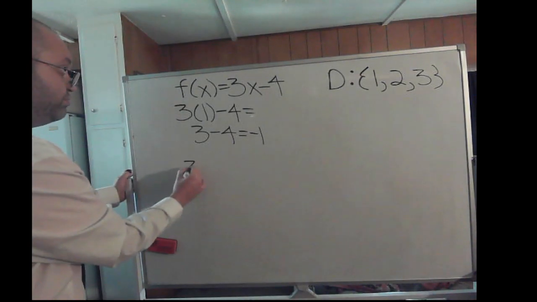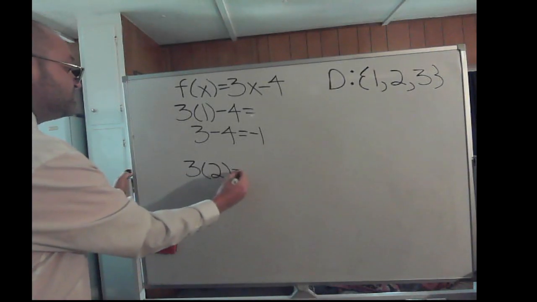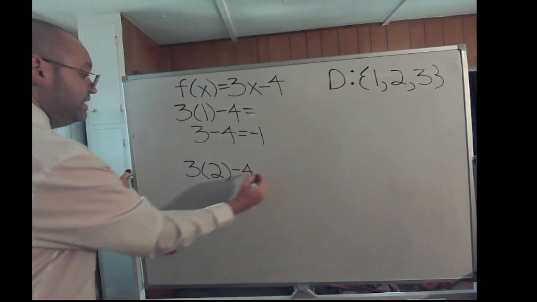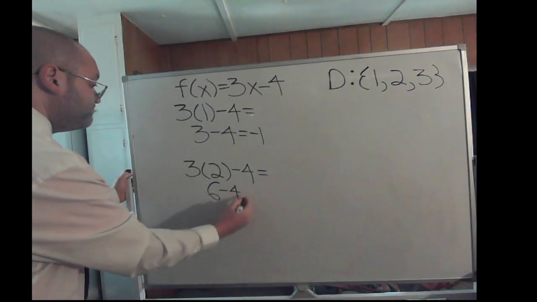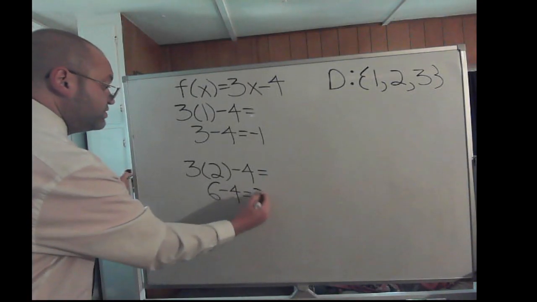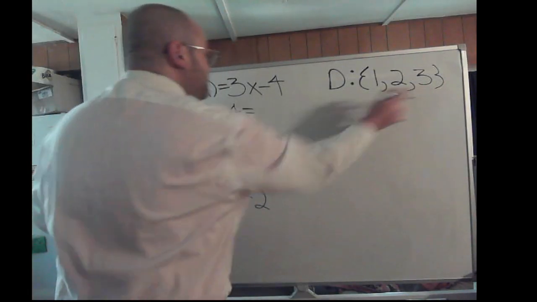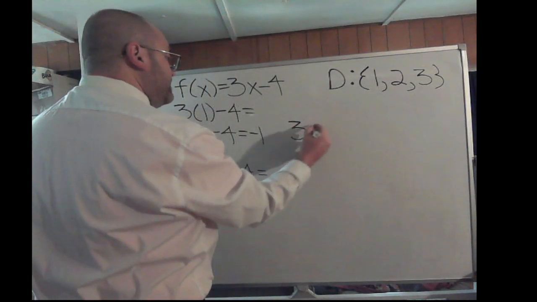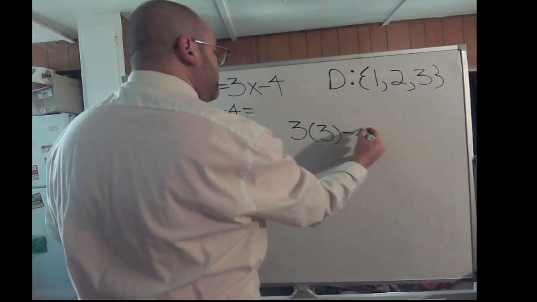Next, you'll take your domain value of 2, put that in for the x, so you'll have 3 times 2 minus 4. That's equal to 6 minus 4, which therefore is equal to 2. And then last but not least, you take your domain value of 3, put that in for x, so you'll have 3 times 3 minus 4.